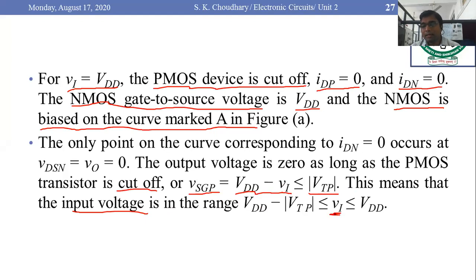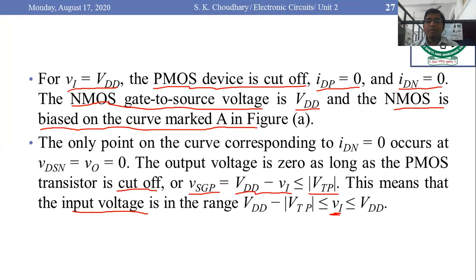Your Vi is greater than or equal to VDD minus mod of VTP, and maximum it could be VDD. So it is lying in between these two ranges, VDD minus VTP to VDD, under this condition. Okay.